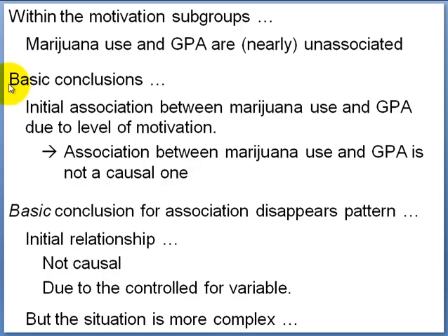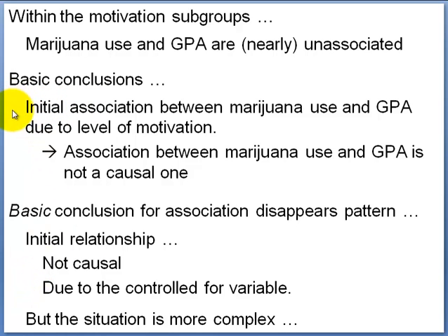Sticking with our basic logic that we've been using in the last chapter and this one, when a relationship disappears, the basic conclusion is that the initial relationship is not a causal one, but that the initial relationship is due to the controlled for variable.